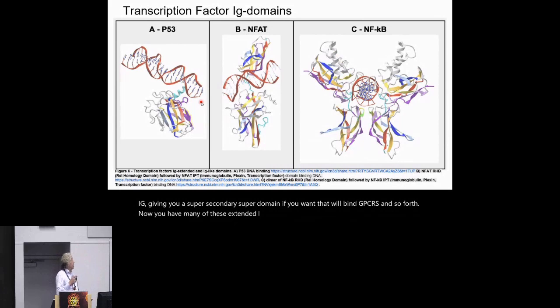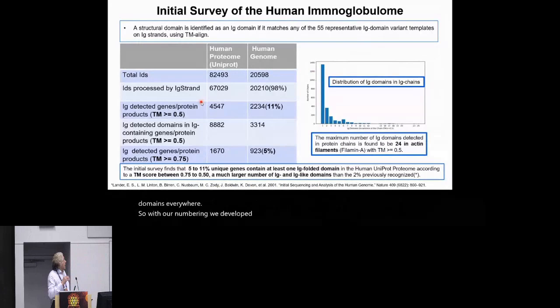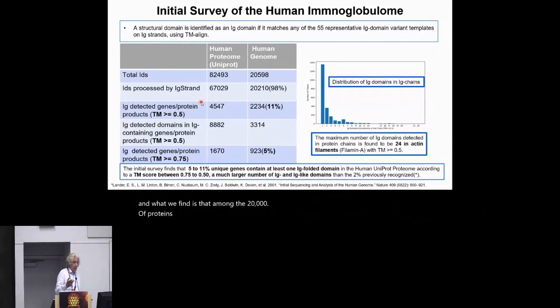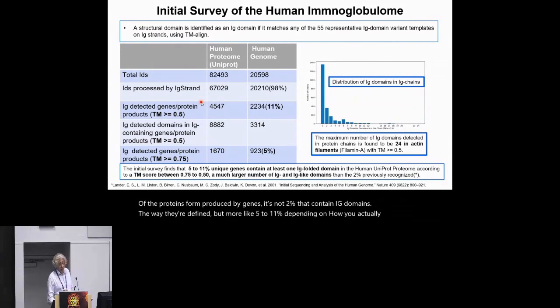So with our numbering, we developed also an algorithm that can scan the whole proteome. And what we find is that among the 20,000 proteins produced by genes, it's not 2% that contain IG domains, the way they're defined, but more like 5 to 11%, depending on how you actually match the reference protein.